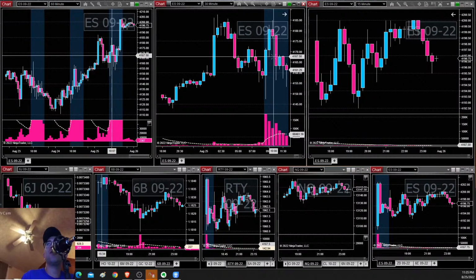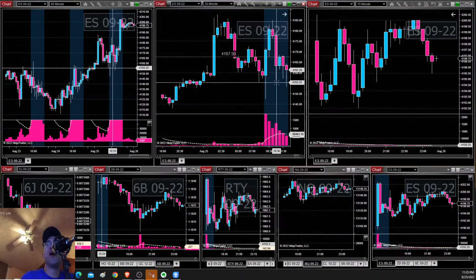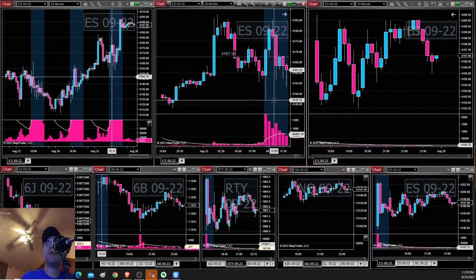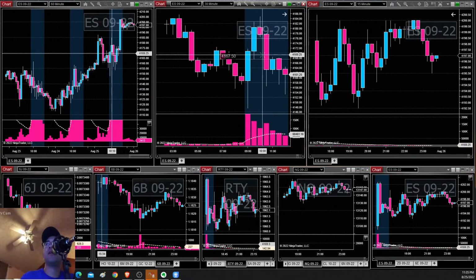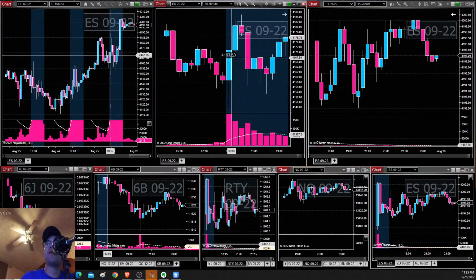So this is why I'm saying pivots mean exhaustion. Once we get below this pivot, price may exhaust. It's not guaranteed to come all the way back down to the other side, but first pivot always has a pretty high likelihood of getting hit.